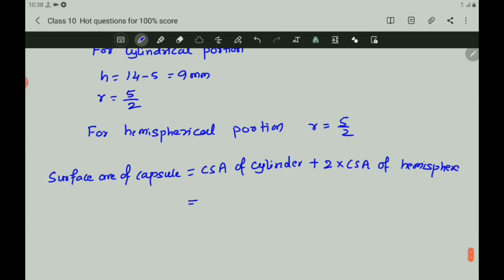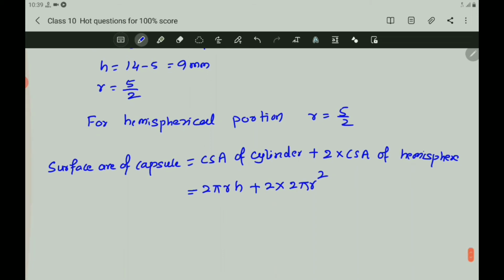The CSA of a cylinder is 2 pi r h, plus 2 into CSA of hemisphere. CSA of hemisphere is 2 pi r square. 2 pi r h is the CSA of the cylinder and 2 pi r square is the CSA of the hemisphere.